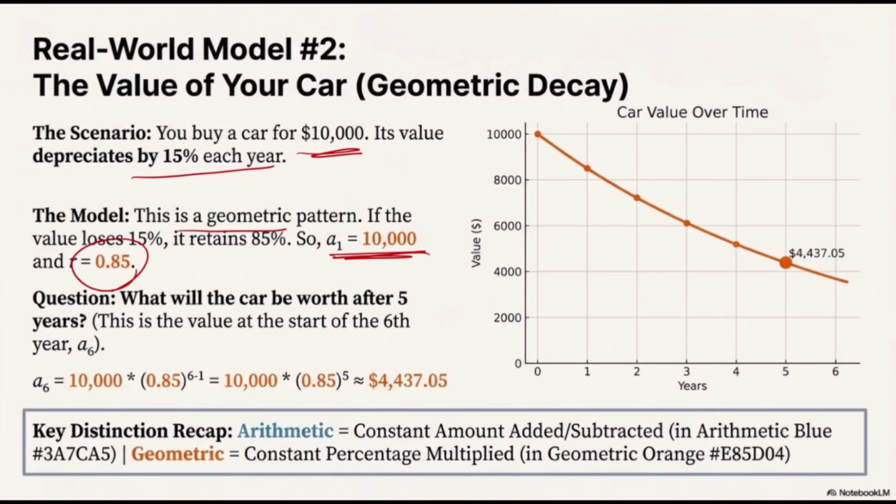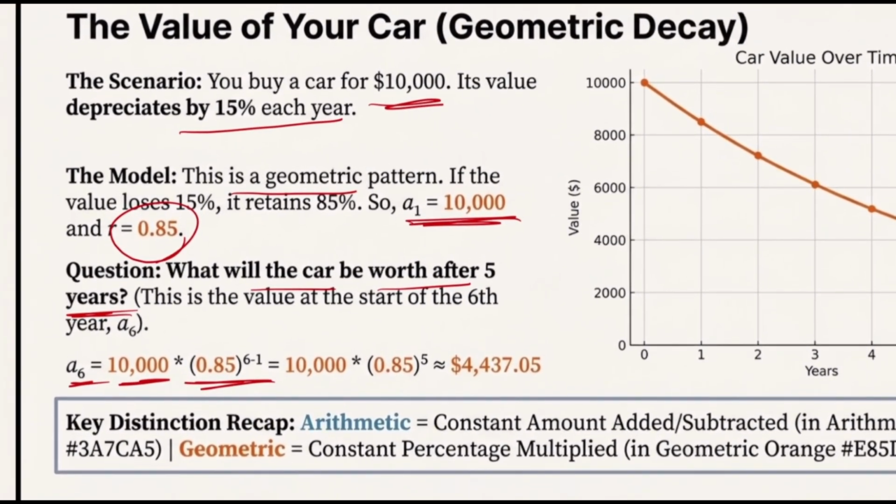Here's the question. What will the car be worth after 5 years? It means that I'm looking for a5. So a5 would be a1 times r to the power of n minus 1, right? At this point, actually, it's not going to be right, because this one should be after the 5 years itself. Oh, actually, it was right, because we are looking for the value at the start of the 6th year.